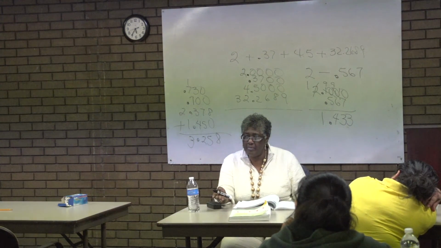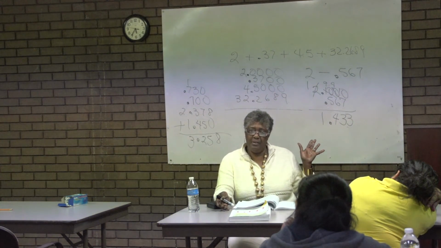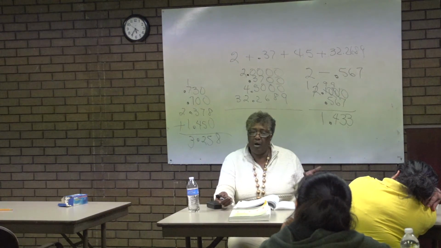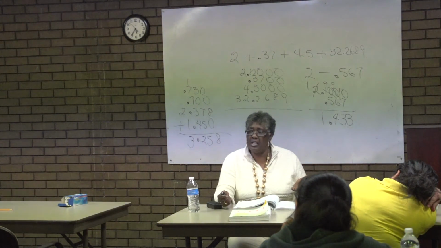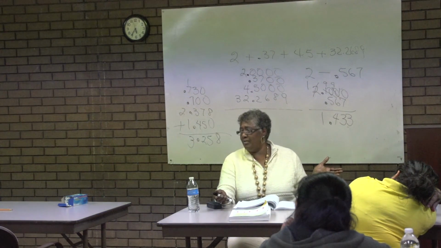But it's that problem solving, understanding decimals, not just trying to figure out what do you do when you see a decimal point and you're calling it 0.37, and then they say change this decimal into a fraction, and you're like, what? How do I do that?